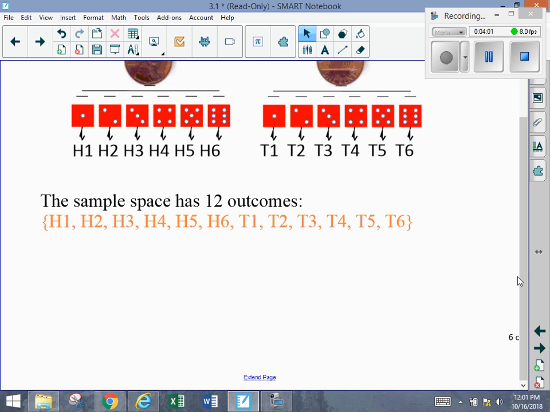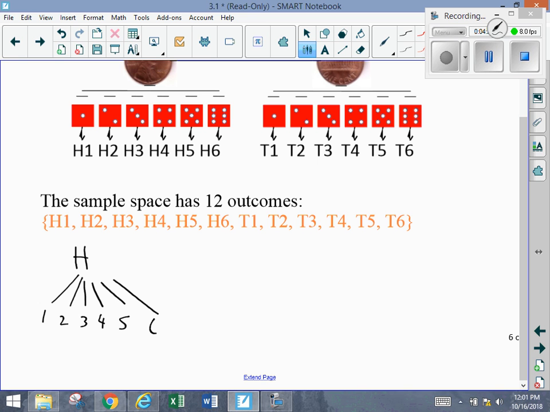So if I was actually going to draw this without a picture of a penny, if it came up heads, I would have 1, 2, 3, 4, 5, 6. And if I came up tails, I would have the options 1, 2, 3, 4, 5, 6.